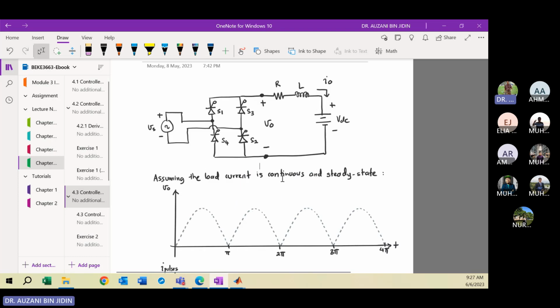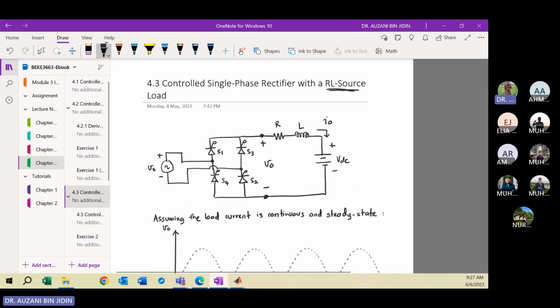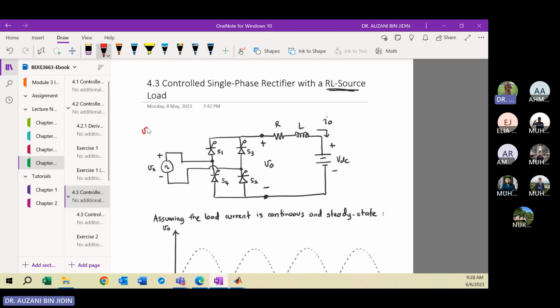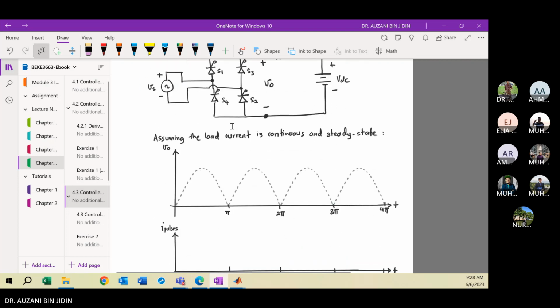Okay, firstly maybe we try to sketch the source. So remember your VS. Maybe here I put the red color. Your VS is a sine function, right? Vm sine omega t or sine theta. So here you can draw the source voltage.